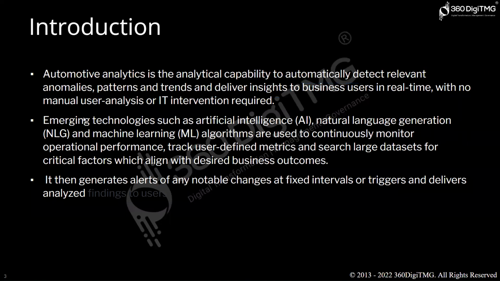So emerging technologies such as artificial intelligence, as I talked about these robots, it's all about AI, guys. What is artificial intelligence? It mimics the human brain. Natural language generation and machine learning algorithms are used to continuously monitor operational performance, track user-defined metrics and search large data sets aligned with desired business outcomes.